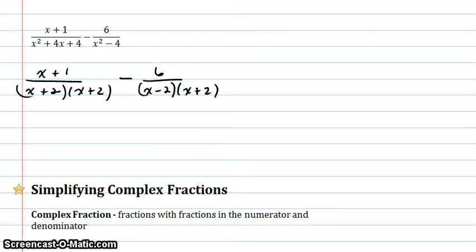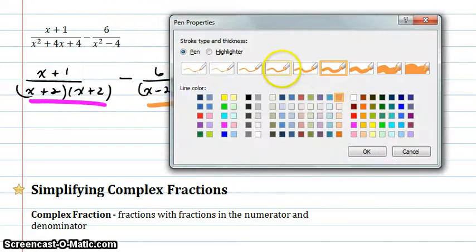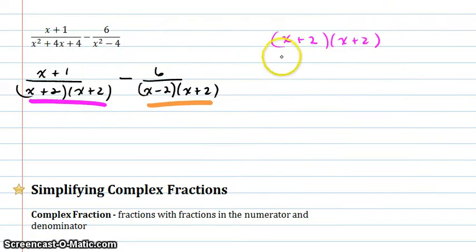Okay, I'm going to use my two different colors here. So in the pink denominator, this is x plus 2 times x plus 2. My orange denominator, let's see, I'm going to have to change my pen here. Okay, the orange, I have x plus 2, just one of them, and then an x minus 2.